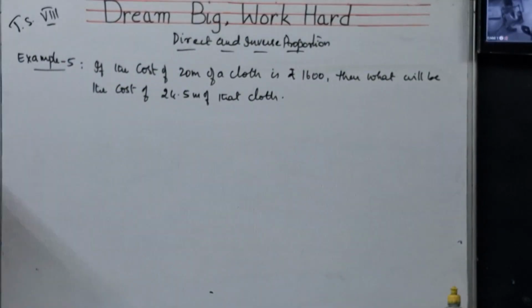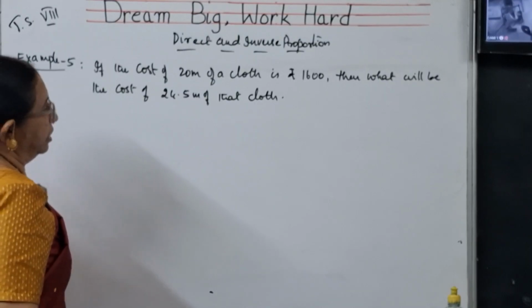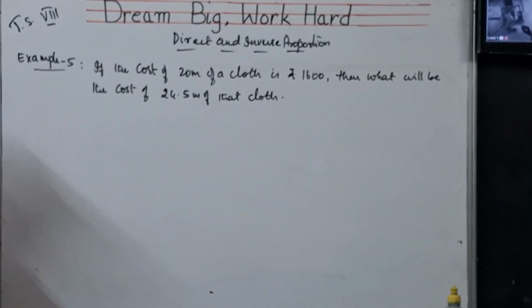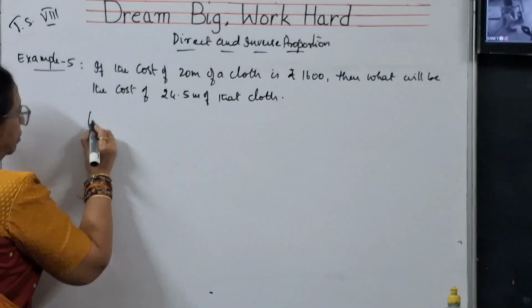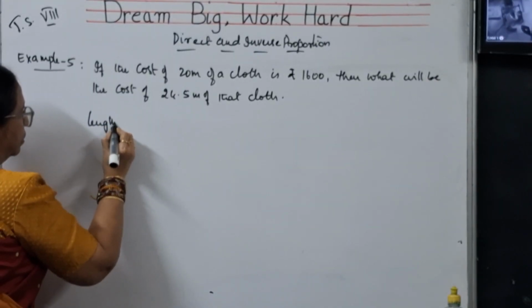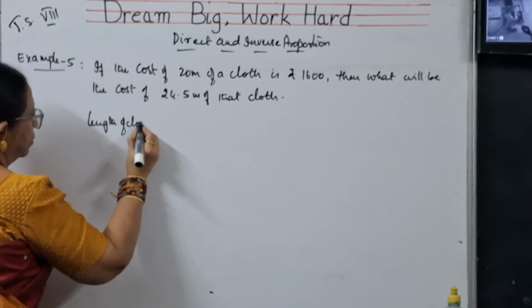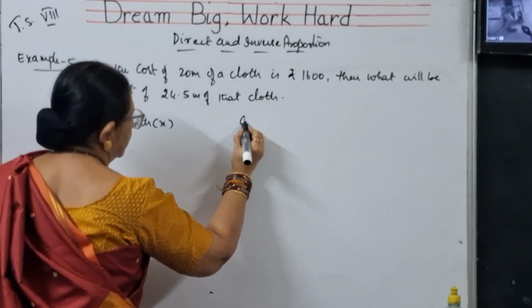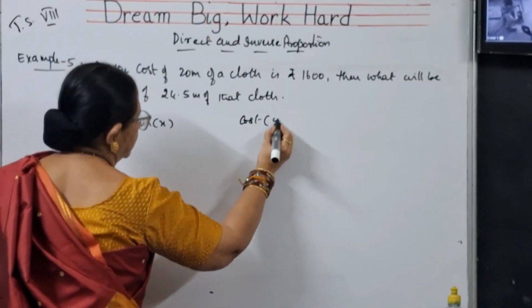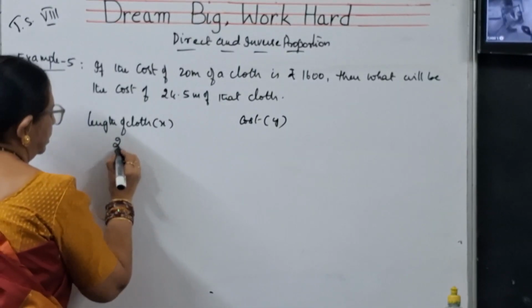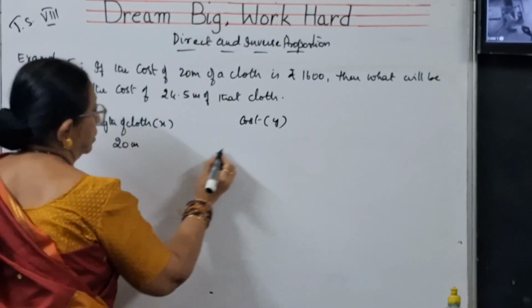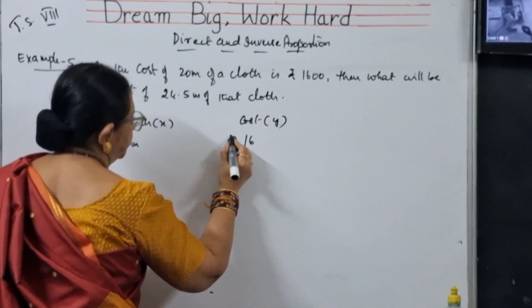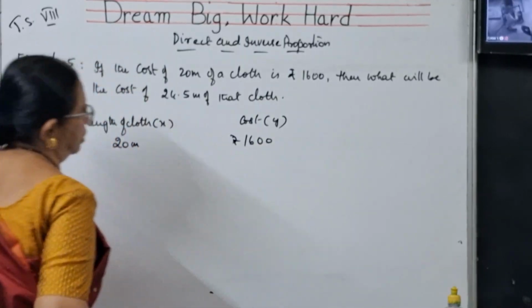Example 5, children. If the cost of 20 meters of cloth is 1600, then what will be the cost of 24.5 meters of cloth? So length of cloth, let us take it as x, and cost, let us take it as y. 20 meters of cloth is costing rupees 1600.